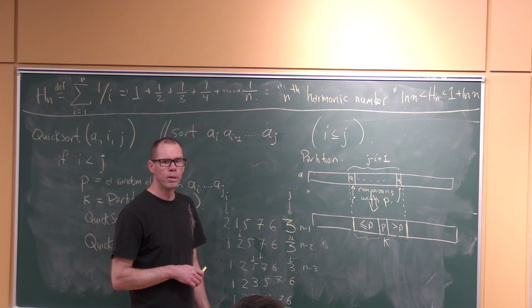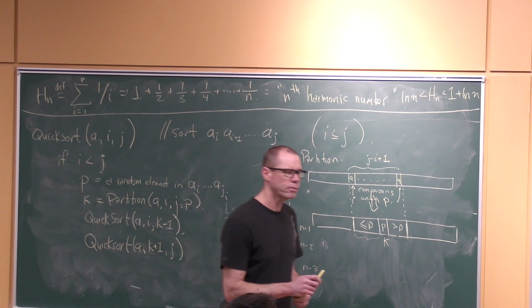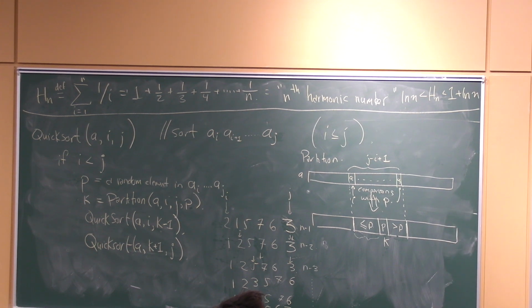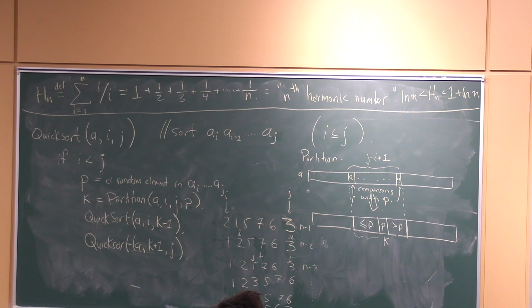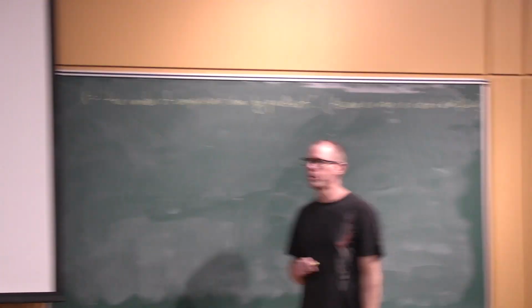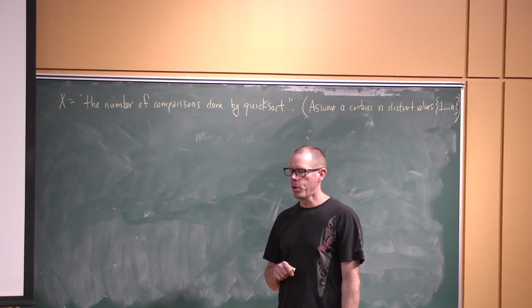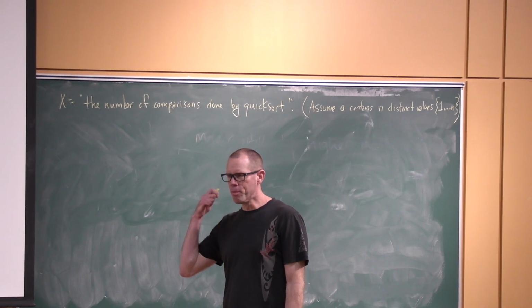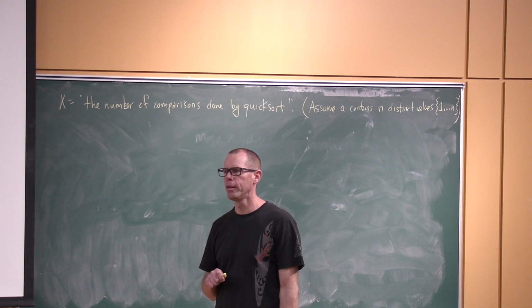So this looks like a complicated random variable. So what do we do with complicated random variables? Break it down into the most simple things possible.